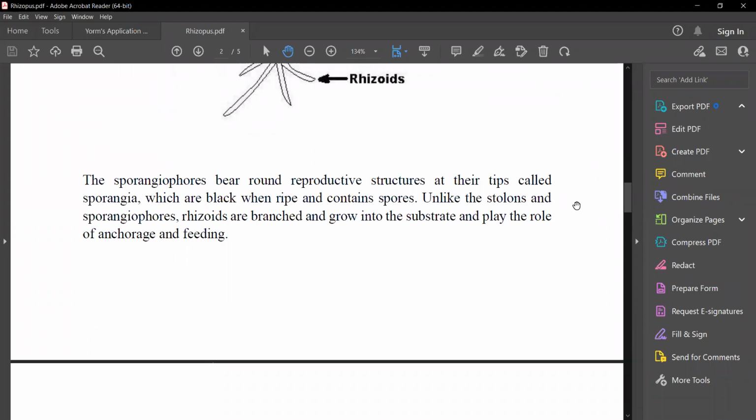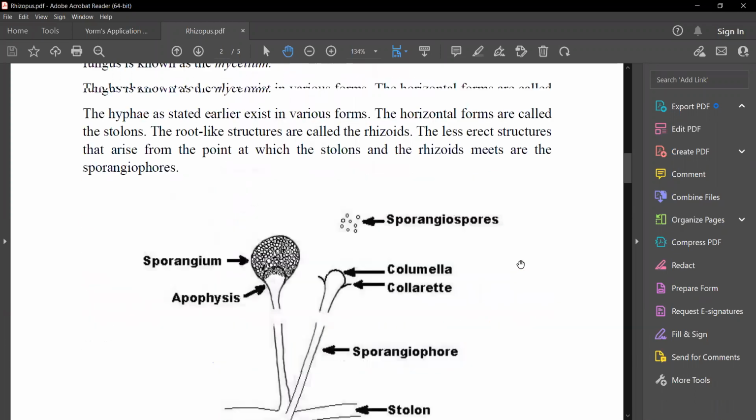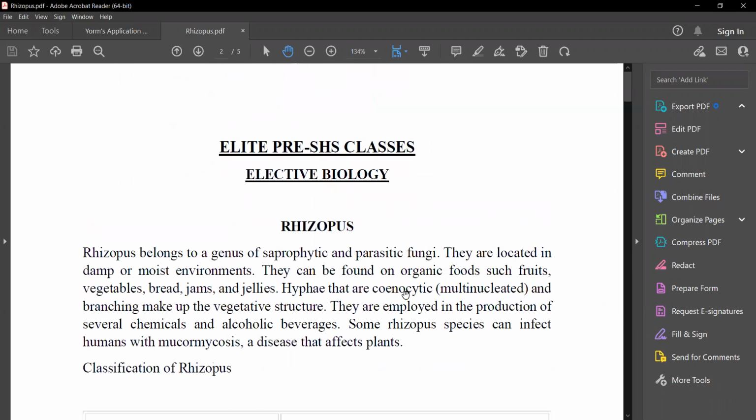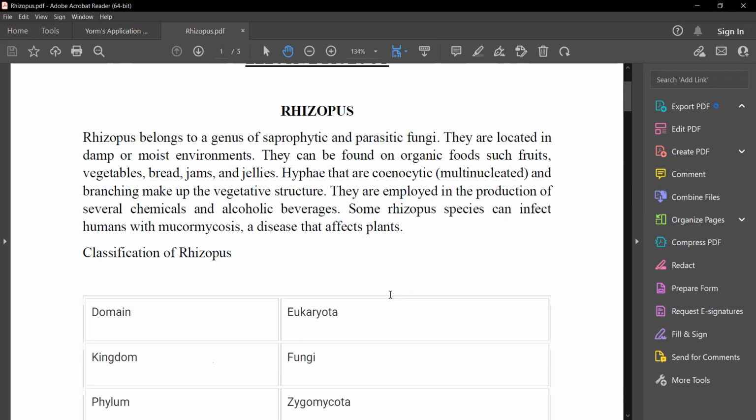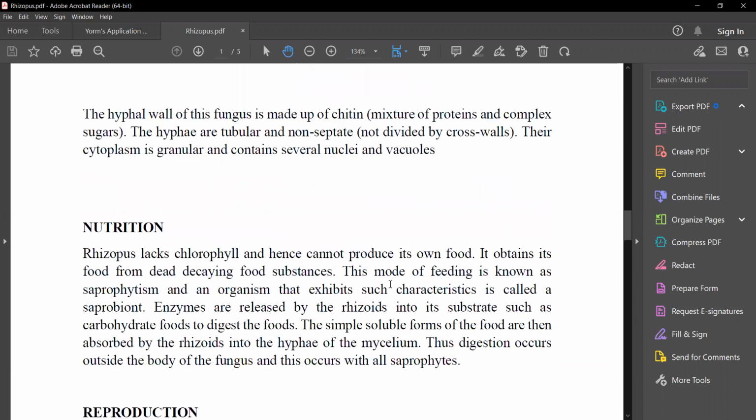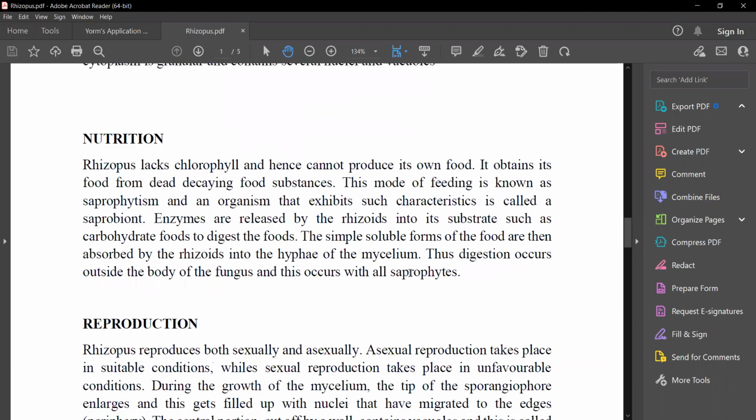Synocytic. Okay, thank you. Yeah, it's right here. Synocytic. Look on the screen, I'm pointing at it. Can you see? Okay. Yes, please. All right. Thank you. Welcome.